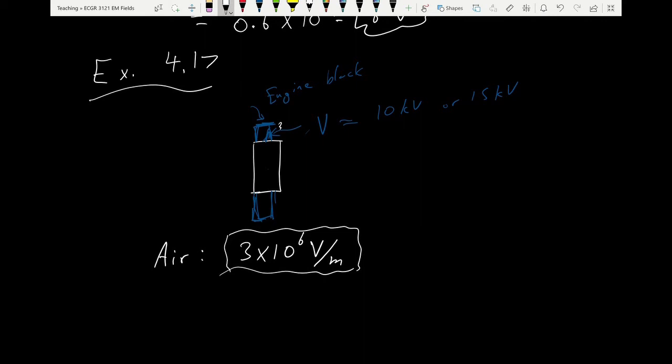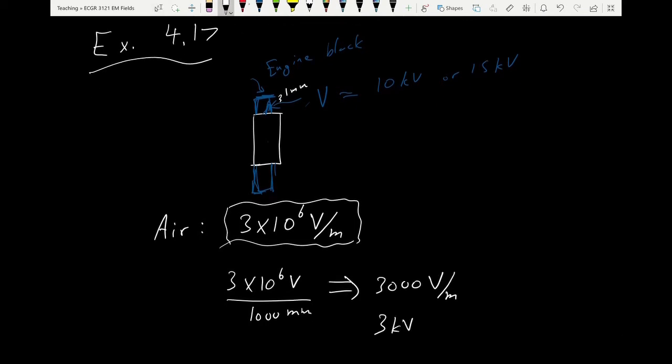Right? Typically this distance is 1 millimeter. Right? So how do I turn this into millimeters? So this is 10 to the power 6 volt per meter, and a meter is 1,000 millimeters, right? So I end up with 3 times, let me do it this way, it's 3,000 volts per millimeter, or 3 kilovolts per millimeter.